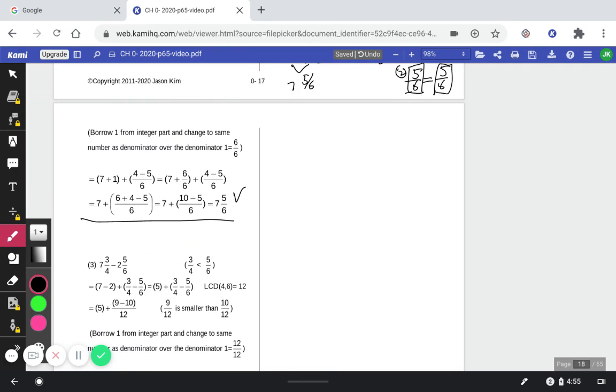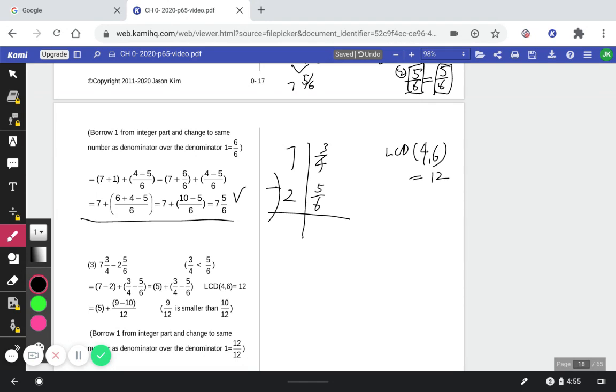Another example, you have 7 and 3/4 minus 2 and 5/6. LCD of 4 and 6 should be 12.